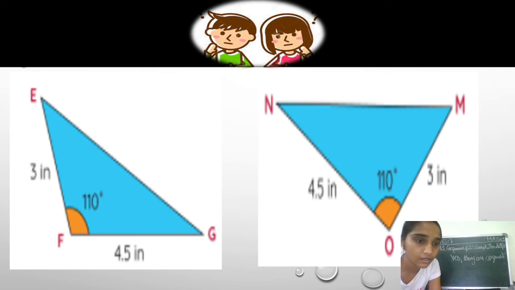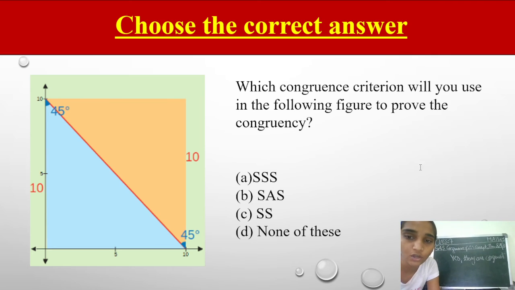Let us proceed ahead now students. You have to choose the correct option, that which congruence criteria you will use in the following figure to prove the congruency. Okay. So students, you can see the two triangles, a blue triangle and an orange triangle, and two sides are given.